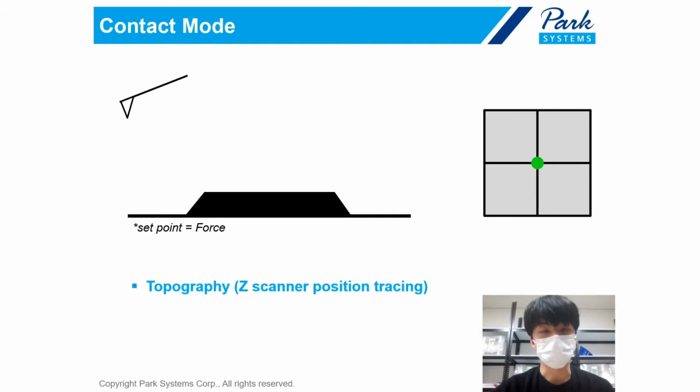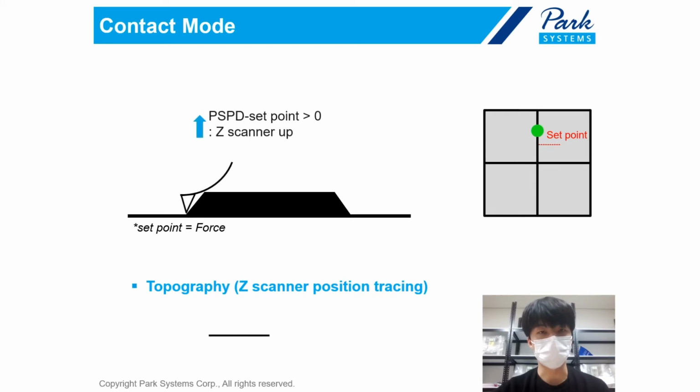This is one example of how the contact mode works in measuring the shape of a sample. First, it takes physical contact with the sample, and we got this force as a set point in this measurement. At the plane area, there's no big difference, but when the tip meets the uphill-like feature, the distance between tip and sample gets smaller and the repulsive force applied on the tip gets bigger.